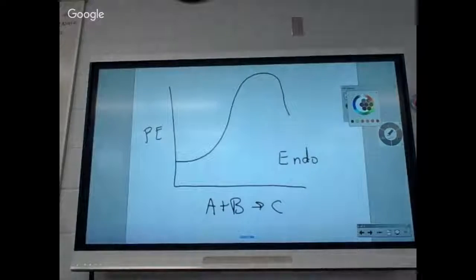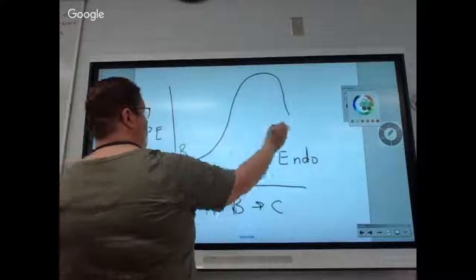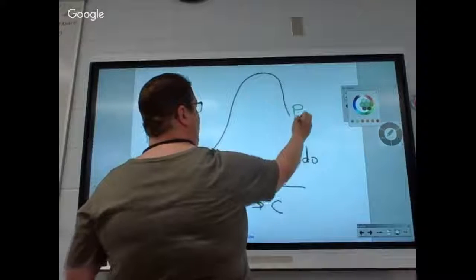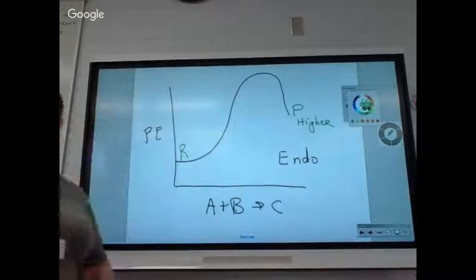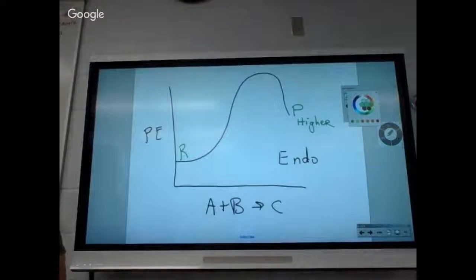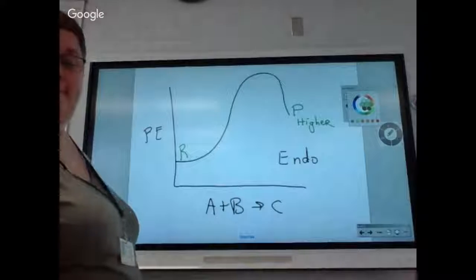Everybody see the difference? These would be the reactants, and those would be the products. And the products are higher. Does everybody see the difference on endo where the products are higher? Could you identify that if they put it on the exam, or I put it on something and ask which one's endo and which one's exo? Yes? I wouldn't get a whole bunch of wrong answers and feel like I need to become an alpaca farmer. But if it's EA reverse, it's exo.